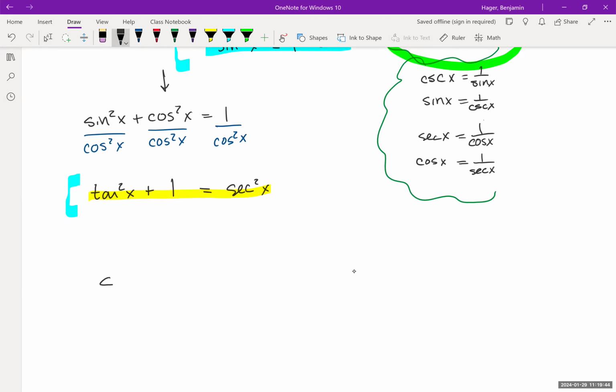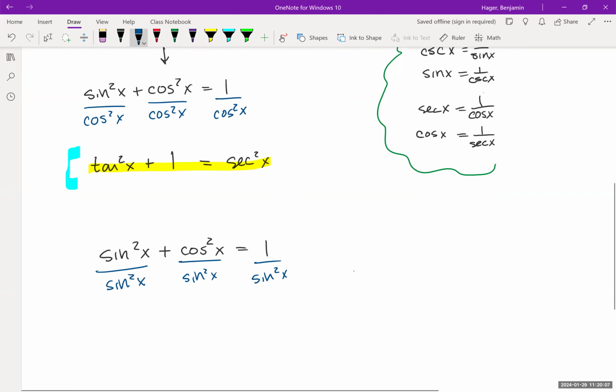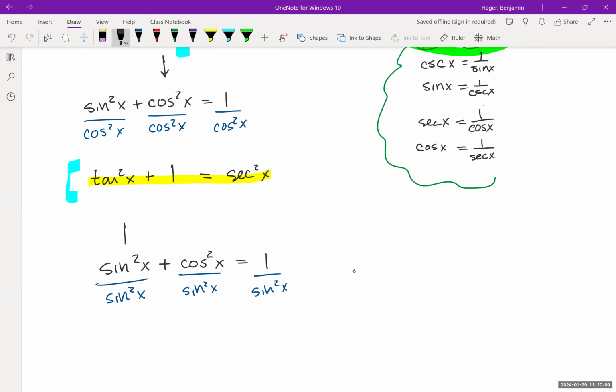So let's look at one more format we can derive. Right, there's the Pythagorean identity. This time, take a look at what happens if we were to divide everything through by sine squared. As long as we divide everything through on both sides of the equation, we're good. Well, the sine squared over sine squared is 1.